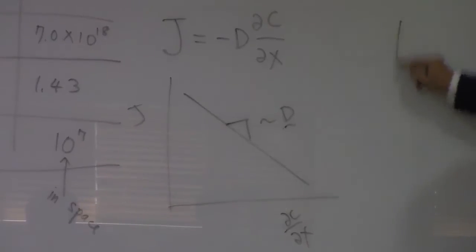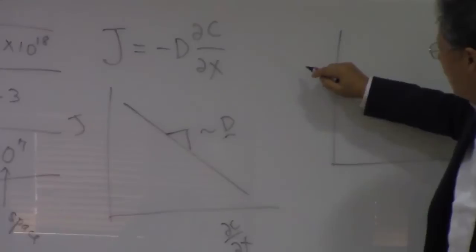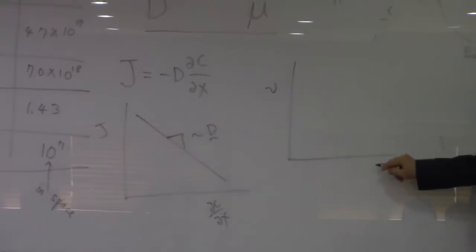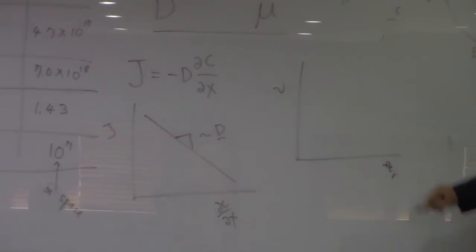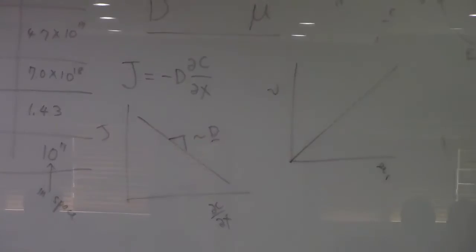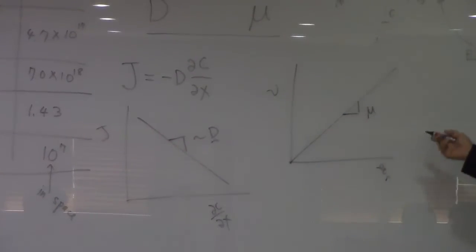Now, about the mobilities, if you plot the velocity of the particles against the electric field, then you have a straight line, and that slope is the mobility, and that is a material constant.